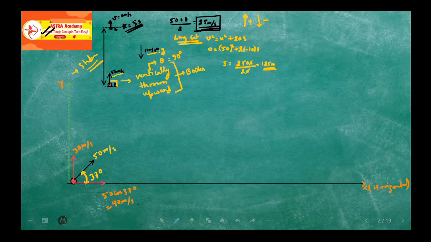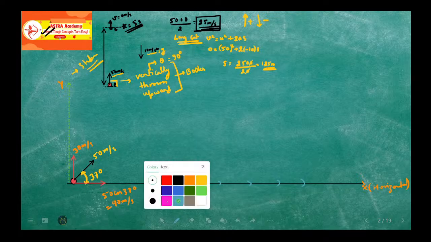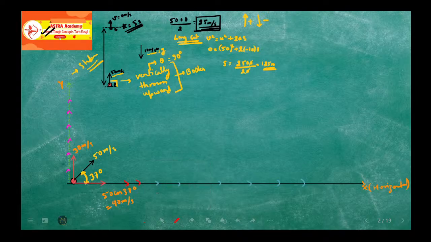The role of 40 meter per second is to make the body move in the horizontal direction. And the role of 30 meter per second, understand very carefully, is to move the body in the upward direction. Understand this point very carefully.